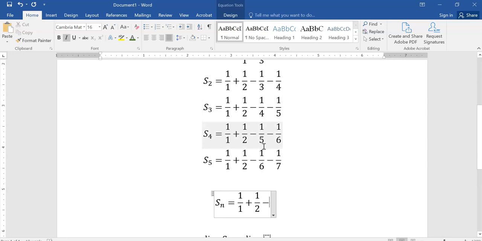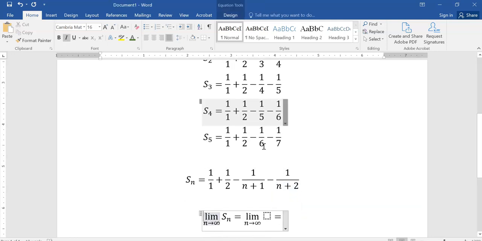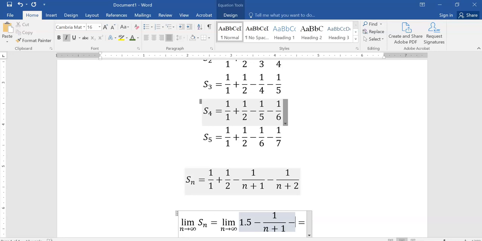And then you do minus 1 over n plus 1, n plus 1 specifically in the denominator, and then a minus 1 over n plus 2 in the denominator. Now, if you take the limit of that thing, that's the limit of 1.5, that's what you get when you add 1 plus 1/2, minus 1 over n plus 1, minus 1 over n plus 2.